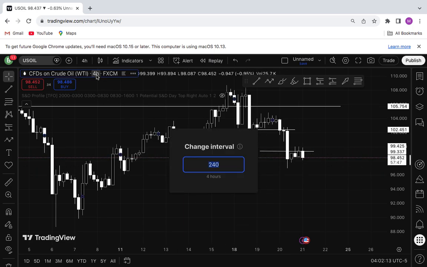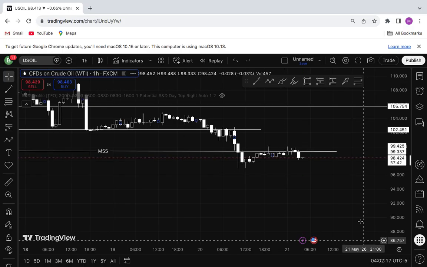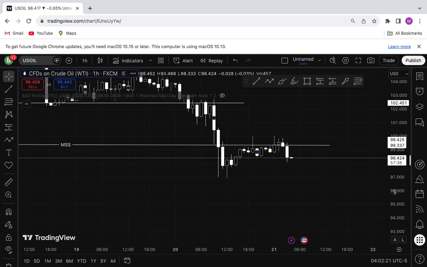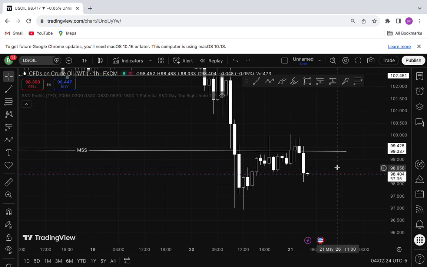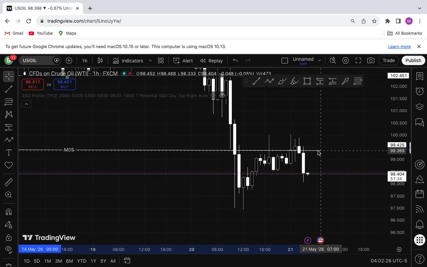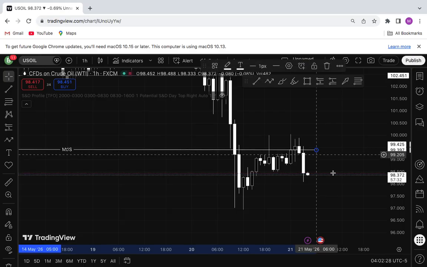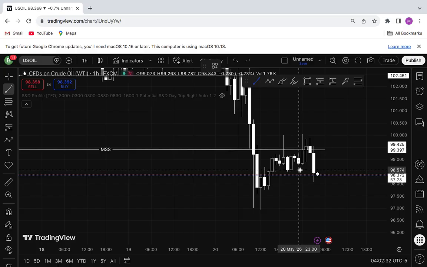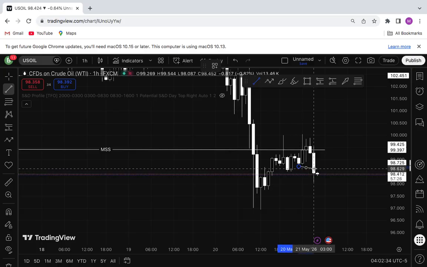Now just going fast forward to the 1 hour time frame. On the 1 hour time frame, you are gonna see that you already have an entry in this market. I always like taking my trades based on my 1 hour time frame. I don't take trades on 15 minutes. Here you have a market structure shift, you have this shift here.